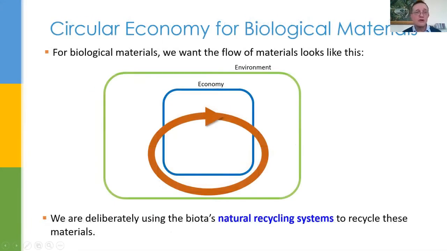Now, for biological materials, we have a different kind of situation. Here we have the economy again, embedded in the environment. And here, though, you'll see that the flows of materials are actually still leaving the economy, but in such a way that we can recycle and reuse those materials and bring them back into the economy through fresh, new biological materials.